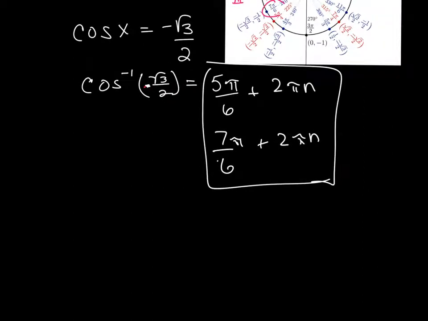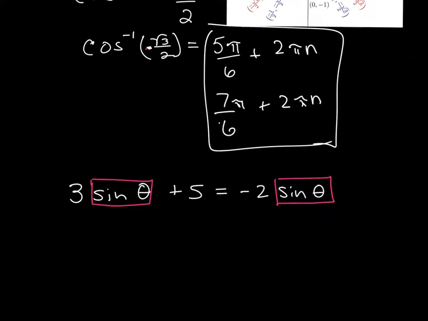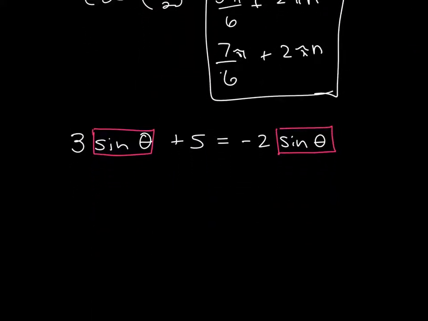So if I have 3 times the sine of theta plus 5 is equal to negative 2 times my sine of theta, what I have to do first is collect the like terms, because I need to get the sine all by itself on one side of the equation. Let's subtract 3 times the sine of theta from both sides.